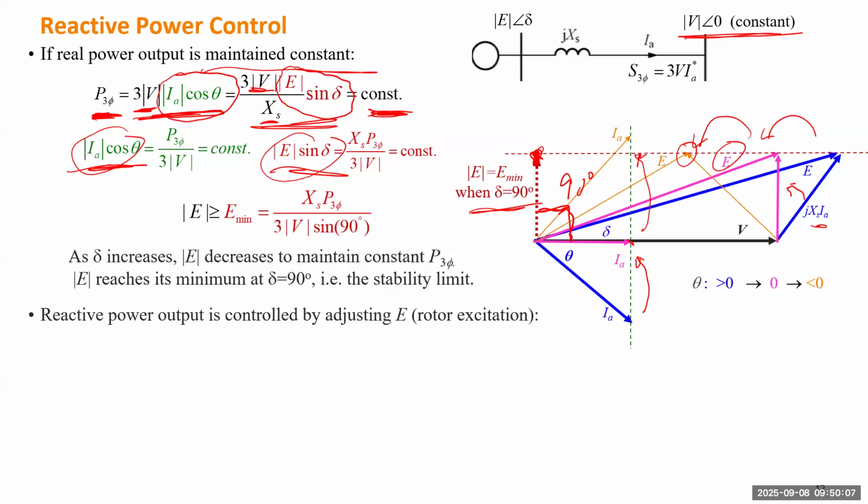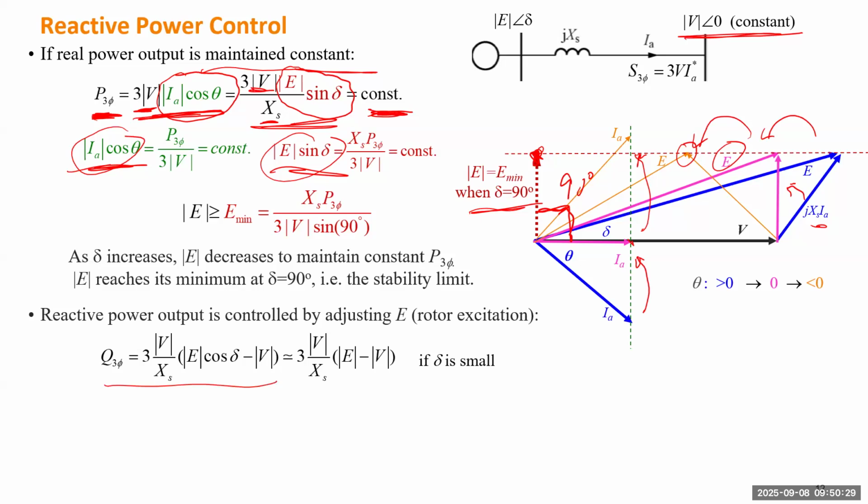Okay, let's utilize this formula to explain how the reactive power is regulated among those three typical conditions. Reactive power output is controlled by changing the voltage E, the excitation voltage.